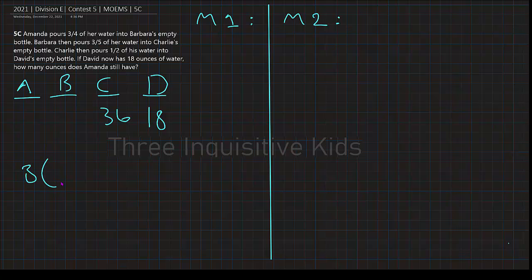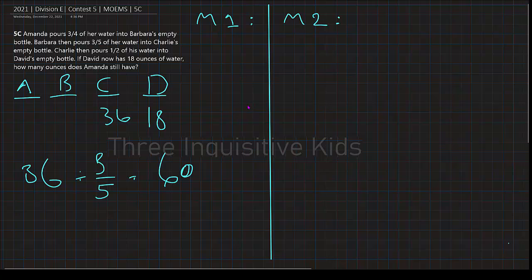So 36 divided by 3/5 would be equal to 60. So then we know that Barbara has 60 ounces of water.